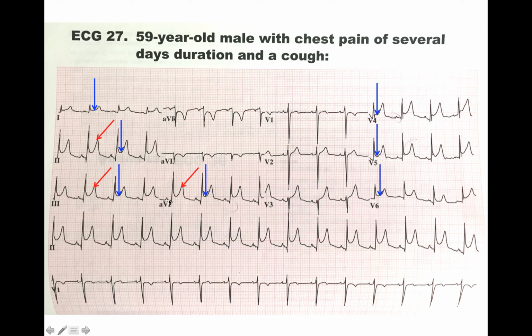You see the PR depression here, here, and here. Another clue, you can have the low voltage QRS, which you can appreciate in 1. And then, like I mentioned before, electrical alternans in the setting of pericarditis can clue you into a pericardial effusion.